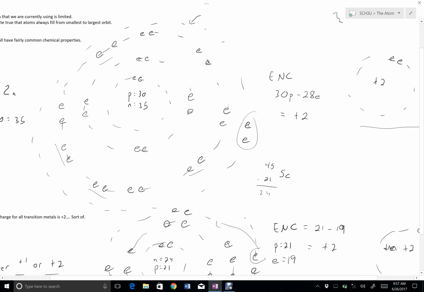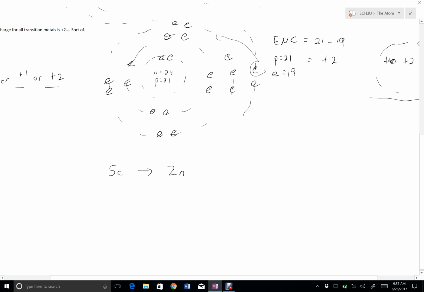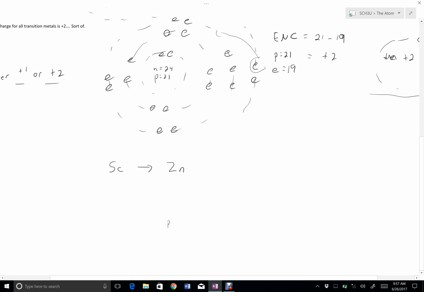But because we're adding protons and inner electrons as we move across the transition metals, so when we go from scandium, for example, to zinc, all we're doing is adding electrons on the inner and adding protons, and they're going up at the same rate.